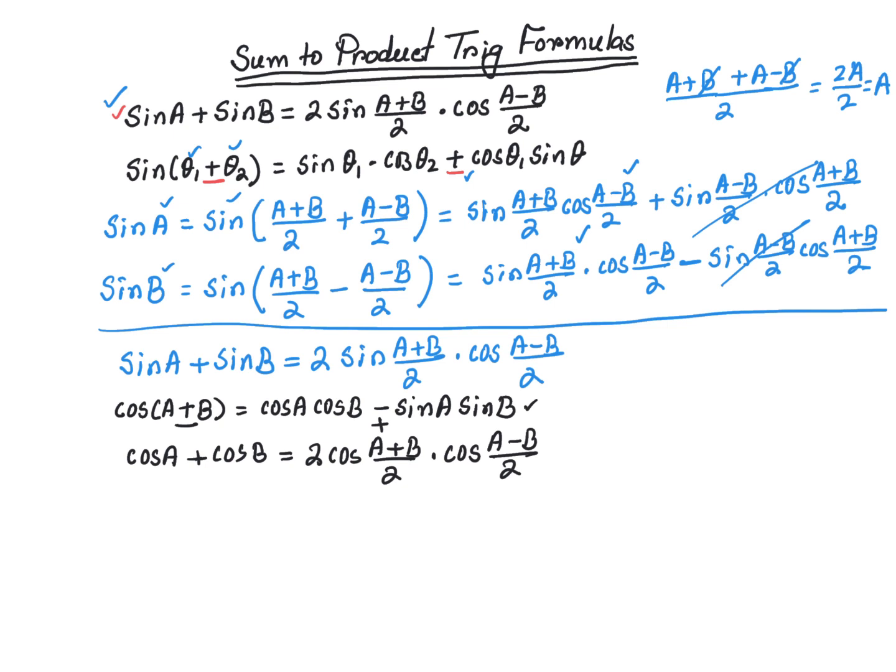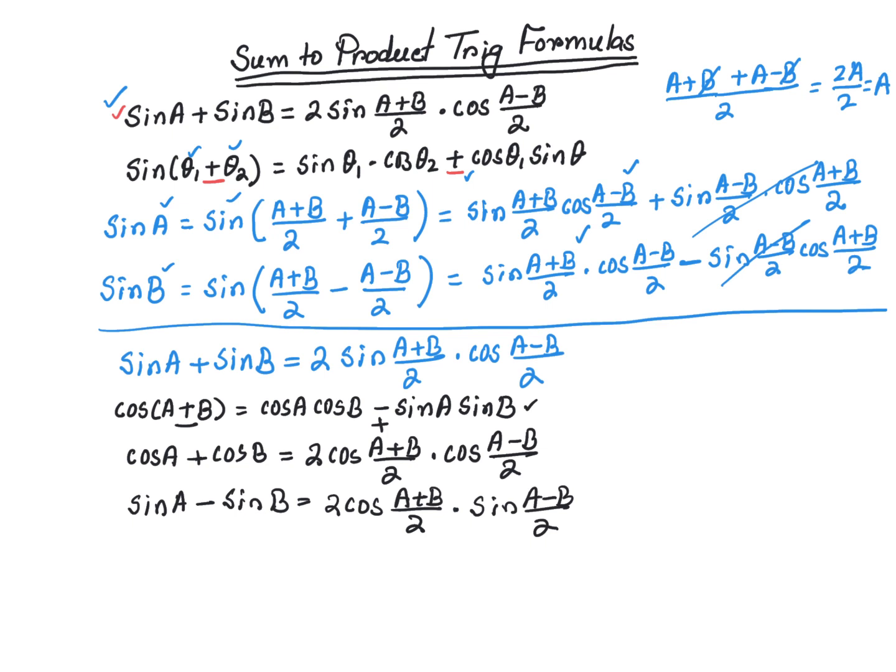And again, we could do a similar trick for the difference of two sines and two cosines. So if I have sine of A minus sine of B, that is going to be equal to 2 times cosine of (A plus B) divided by 2 times sine of (A minus B) divided by 2.